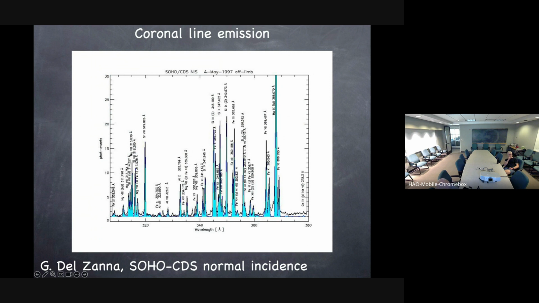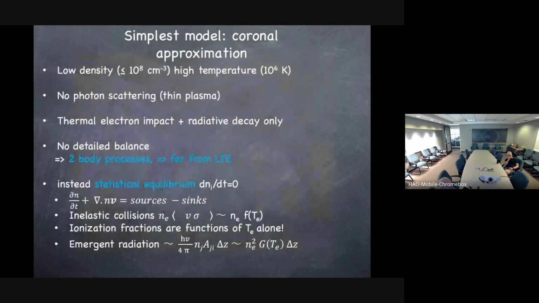So what are people trying to do with these things? I'm going to try and take you through to show you more or less the essence of what quantitative spectroscopy of the plasma does in this region. So what is the simplest model? It's basically that the densities are low enough and the plasma is hot enough that it's pretty well ionized, and there are a whole bunch of ions all the way from, say, neutral hydrogen at a very small 10⁻⁶ kind of level, because it's fully ionized, because it's so hot.